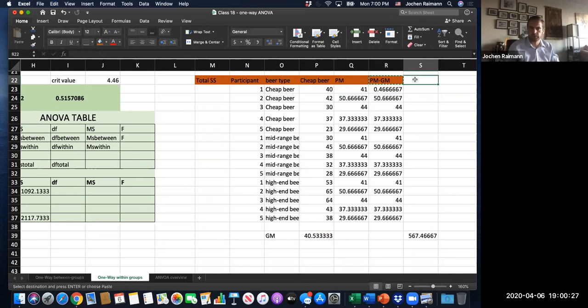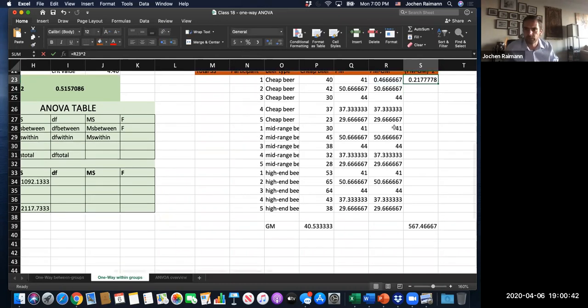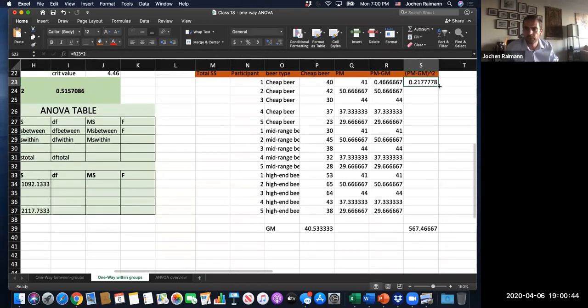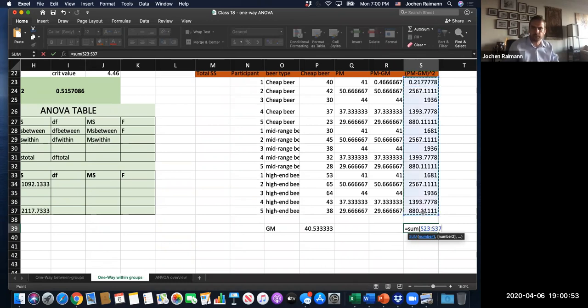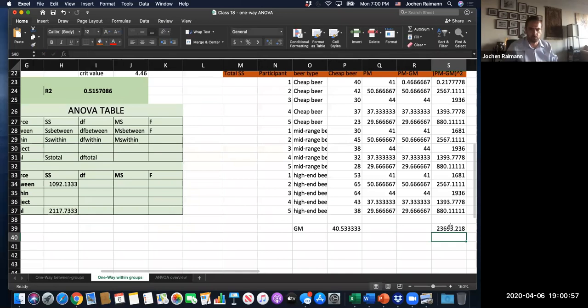We're doing now this squared. Squaring this up. Okay, so now we have this squared. This will now be 0.22. Going all the way down, I'm summing this up. Okay. Here we go. And this is our between group.